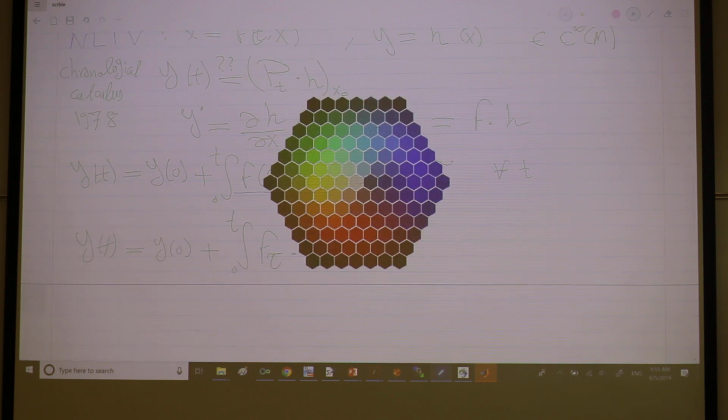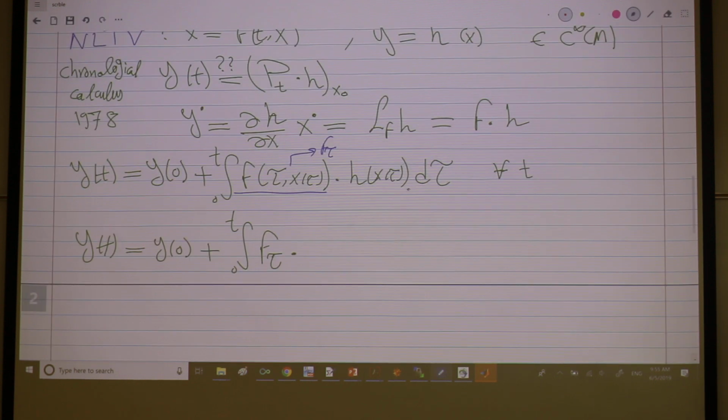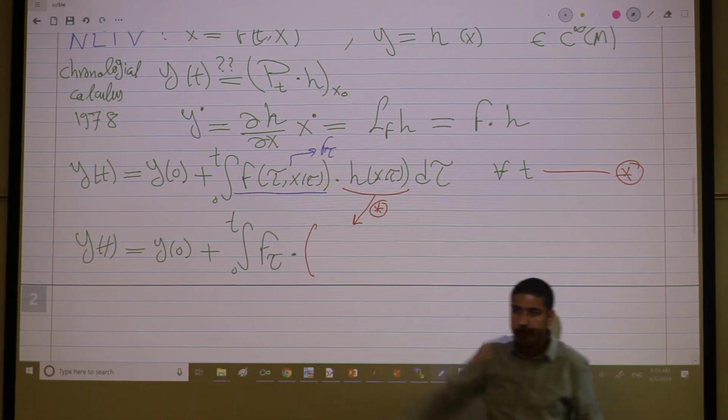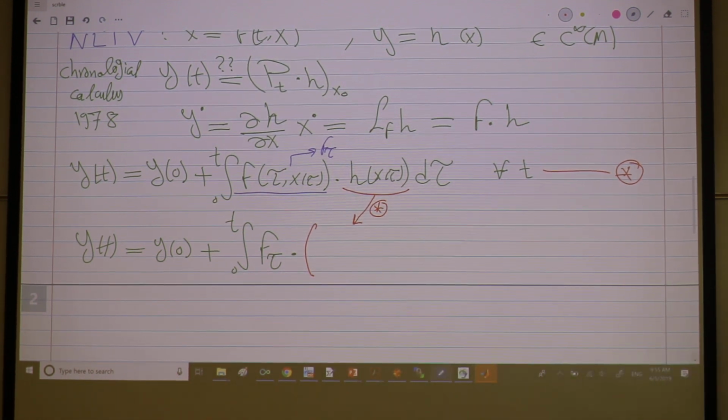But I will get this h from, if this is a star, I will get it from a star. Remember, a star is valid for any time t, so please evaluate it at time tau. Okay? So let's evaluate star at time tau.